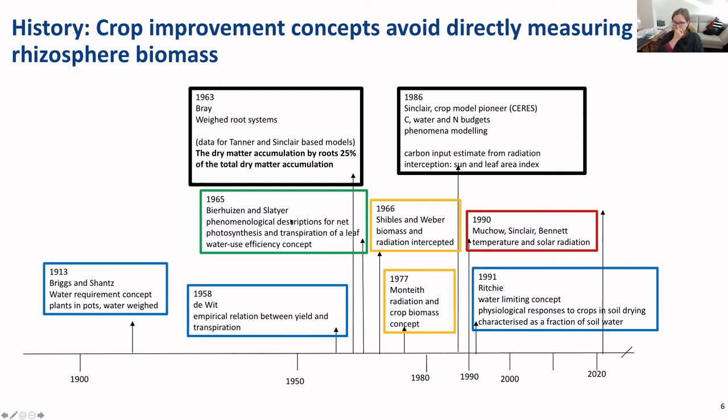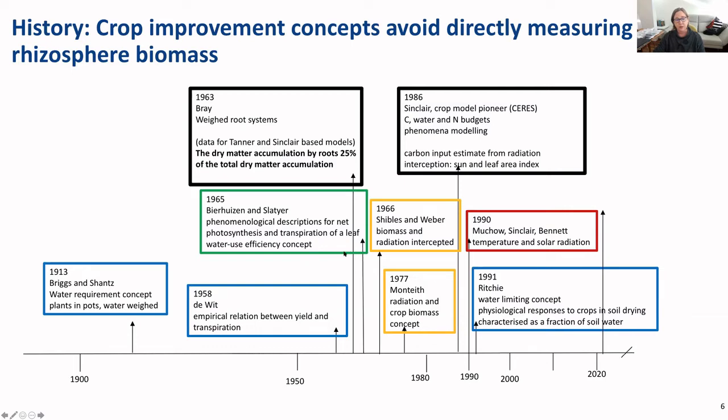This was really pioneered by Slatcher and co-workers, and it's the foundation of today's Farquhar von Caemmerer photosynthesis model, a leaf-based model in many crop growth models, as well as environmental climate change global biomass models. And this was termed the water use efficiency concept, and it's based on photosynthesis. So an input of carbon with an exchange of water based on a leaf.